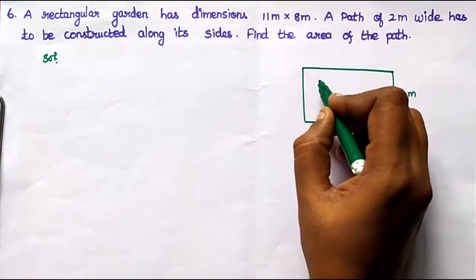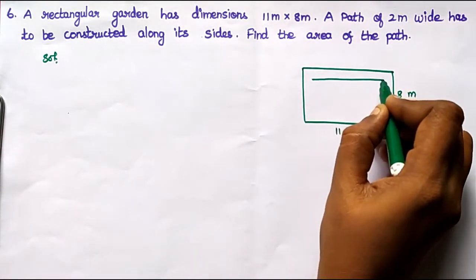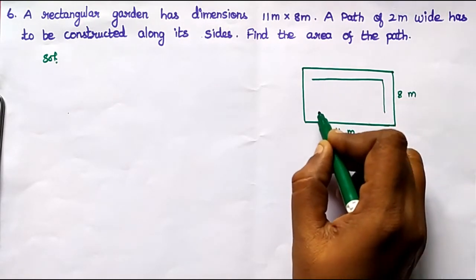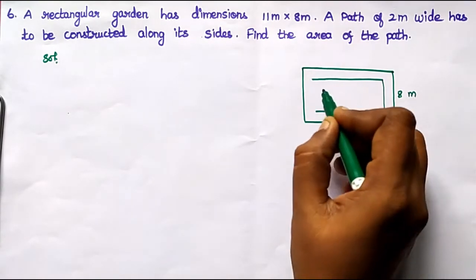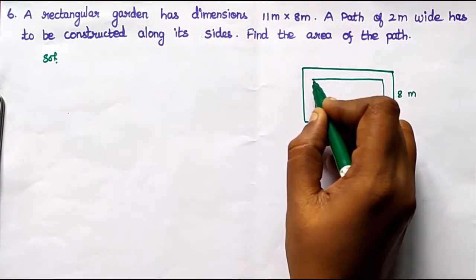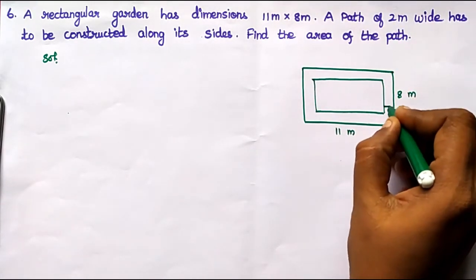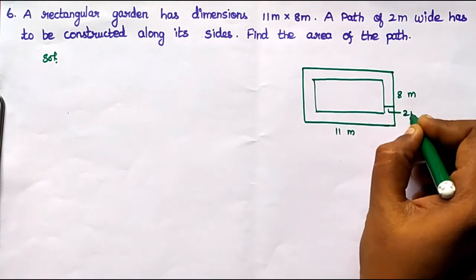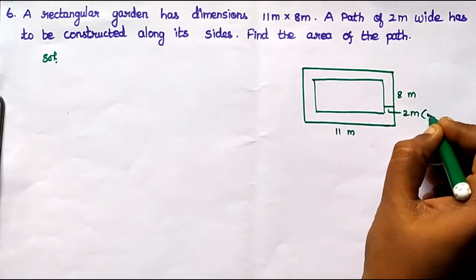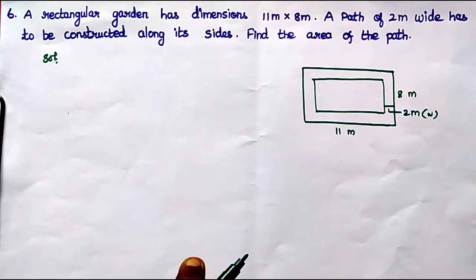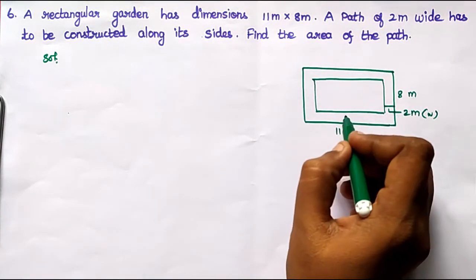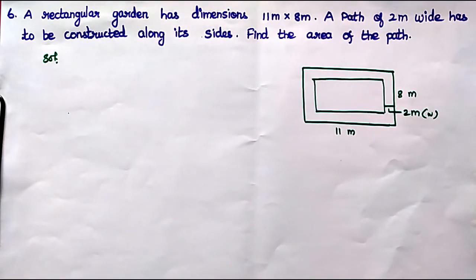Listen. In this garden, a path is to be constructed with the width 2 meter. So its width is 2 meter. That is the width. Now what is the inner length and breadth? First we want to find out that.